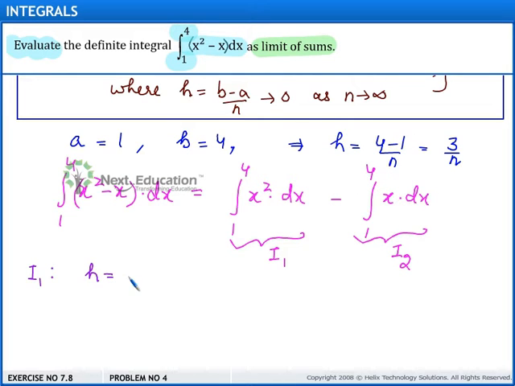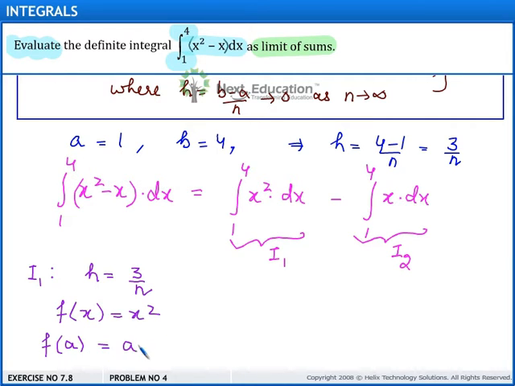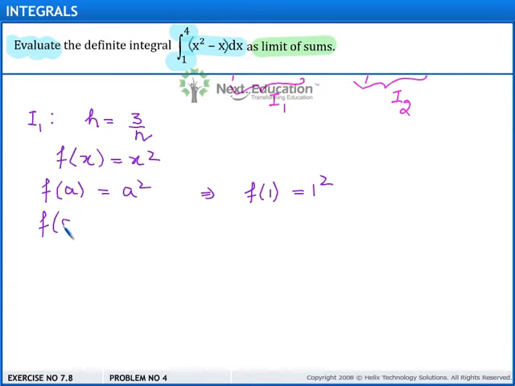The value of h is 3 upon n and f of x is equal to x square. So this implies f of a is equal to a square, and a is 1, so f of 1 is equal to 1 square. Then we have f of a plus h, which is (a plus h) whole square.